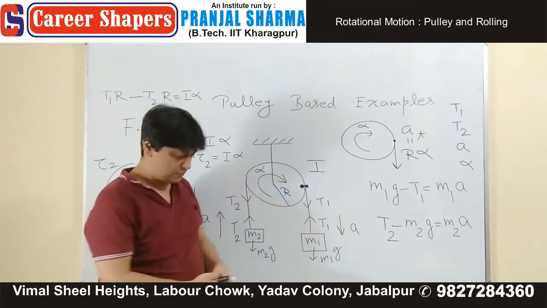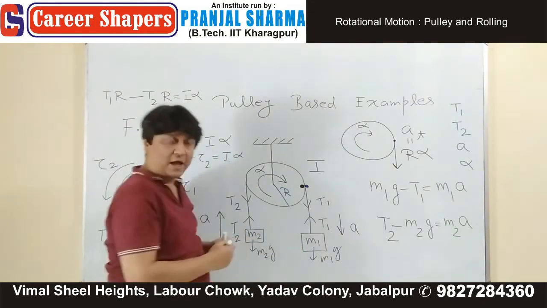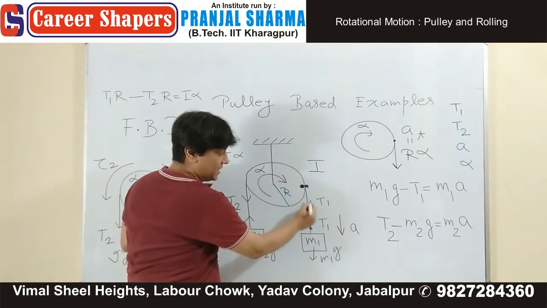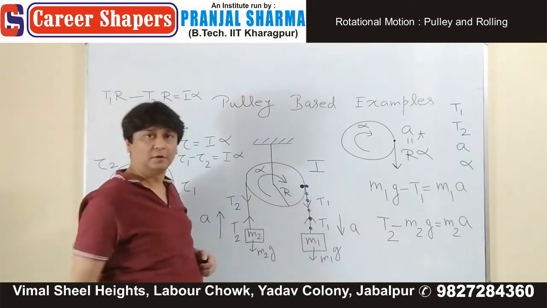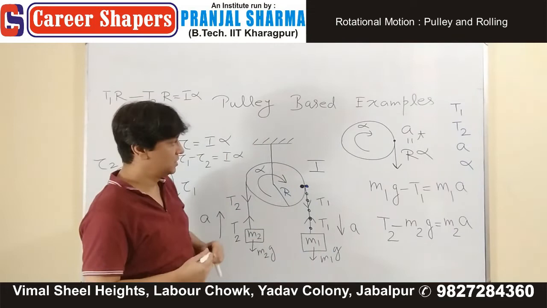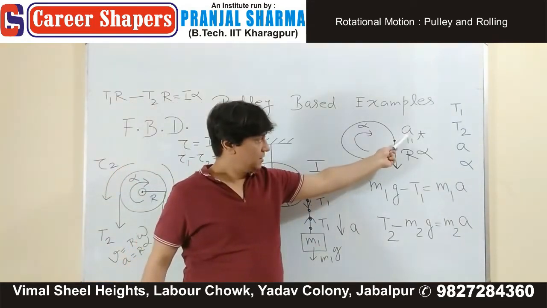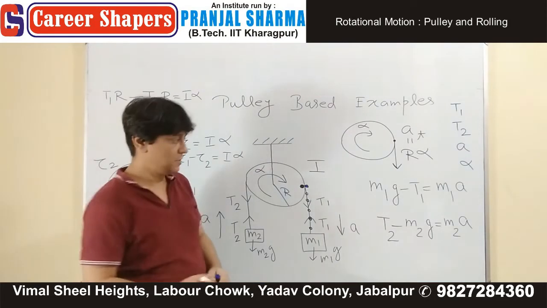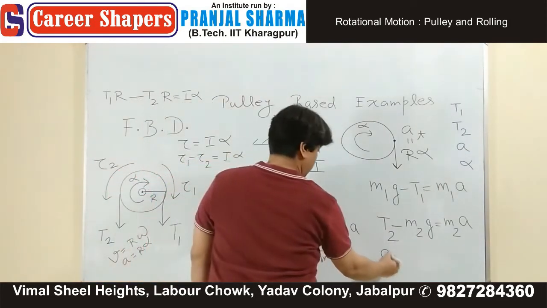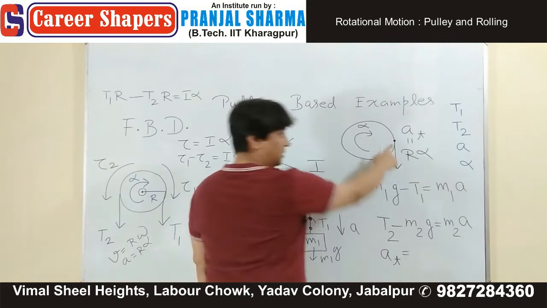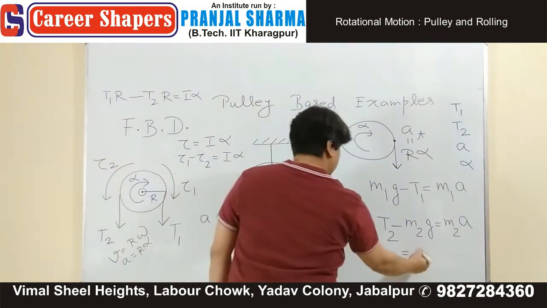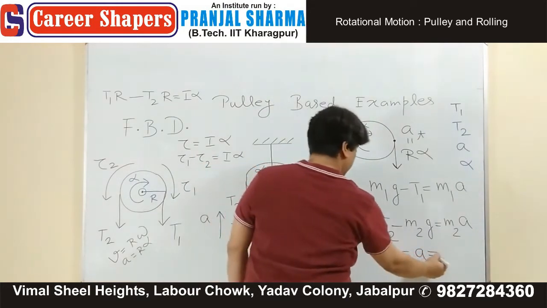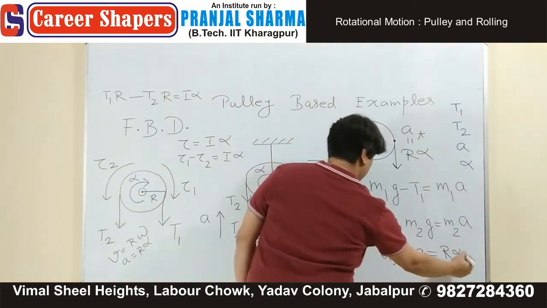A. And therefore every point of the rope has the same acceleration. That tells us what? This AT and this A, they are the same. AT tangential is the same as A of M1, which is r alpha.